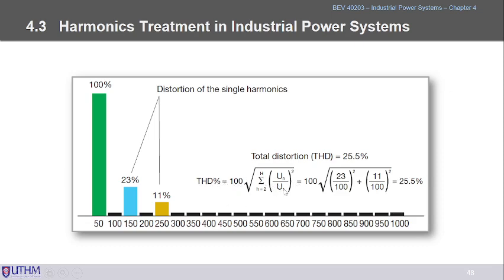All the calculations use the same equation. We sum all the harmonic components squared, compare with the fundamental, then multiply by 100% to get the percentage of total harmonic distortion.